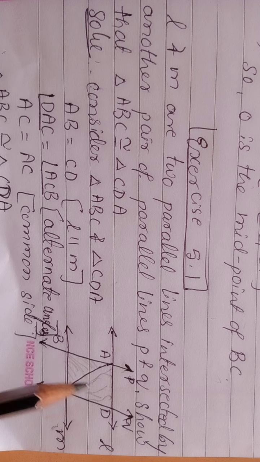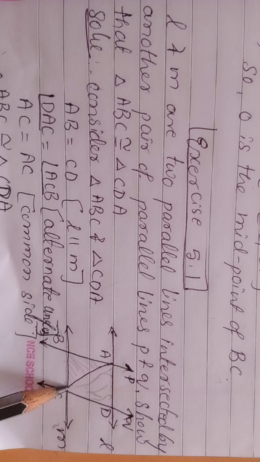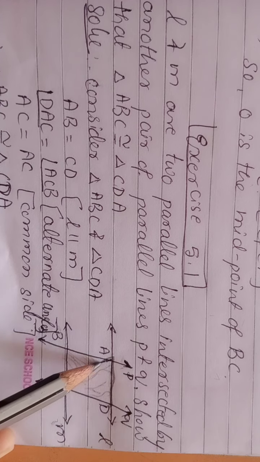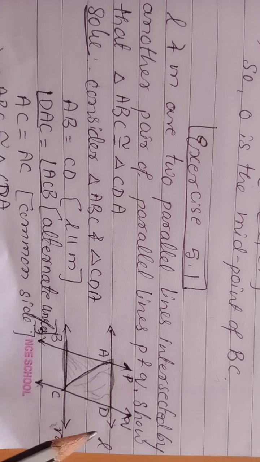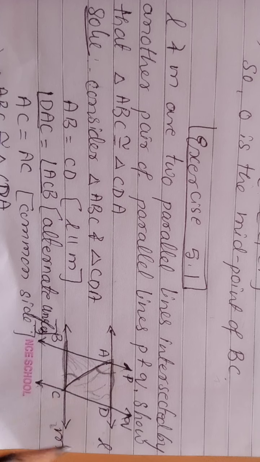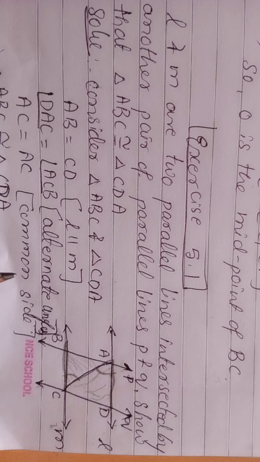Now consider the triangles ABC and CDA. In this, what are you getting as equal? You just check it out. A Z shape is there because L and M are parallel, so this angle will be equal to this. Which are the angles? You just check it out. Okay.